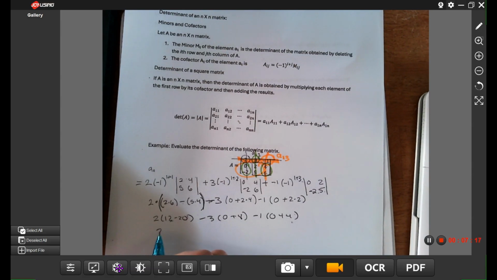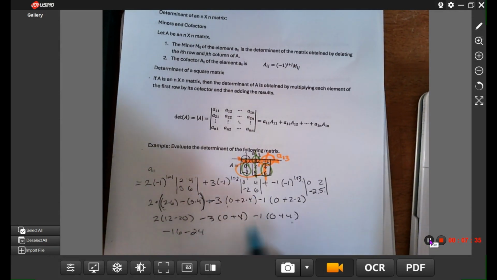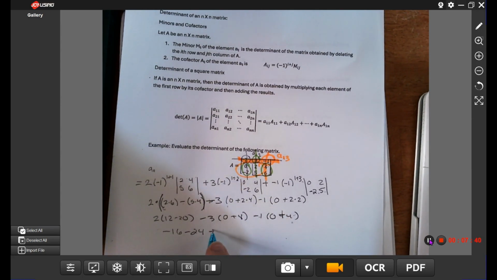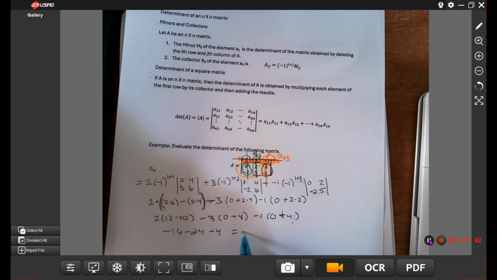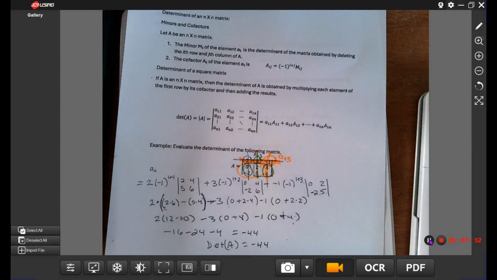So this works out to be 2 times negative 8, which is negative 16, negative 3 times 8, which is negative 24, negative 1 times 4, which is negative 4, and that equals negative 44. So the determinant of matrix A is negative 44.